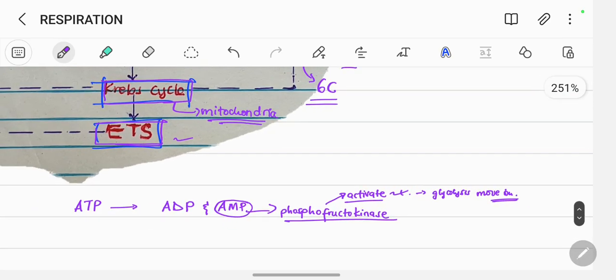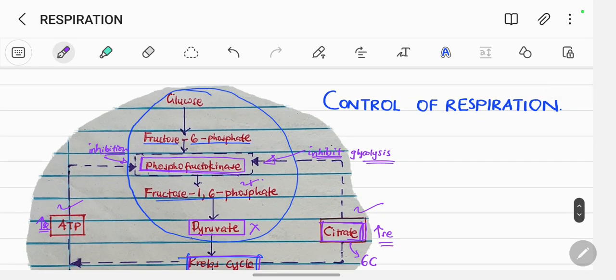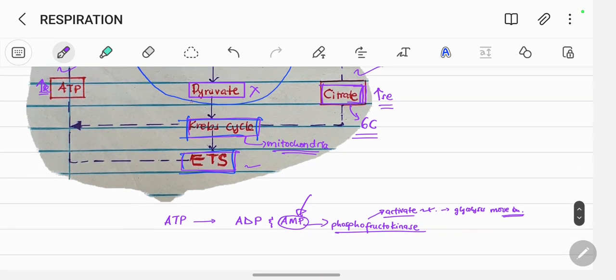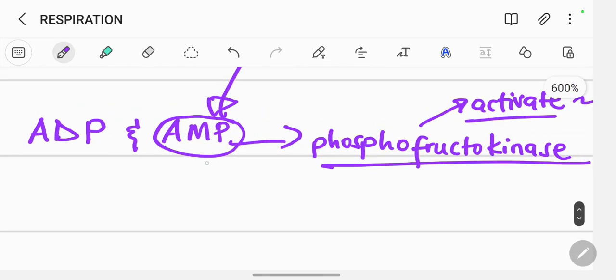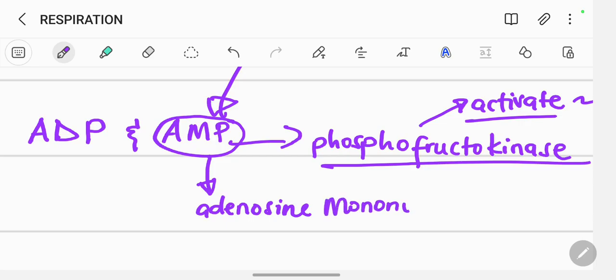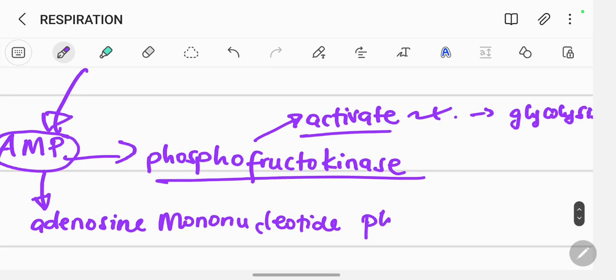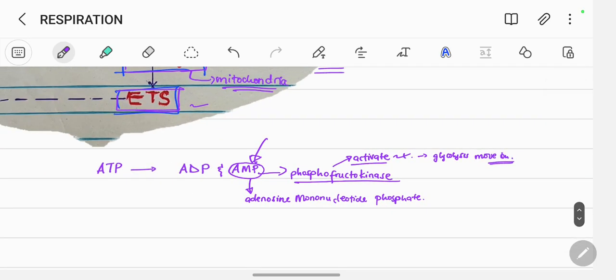So this is responsible for activating glycolysis, while the two, citrate and ATP, are deactivating it. What's this? This one is adenosine monophosphate. It has one phosphate. So that is what occurs.